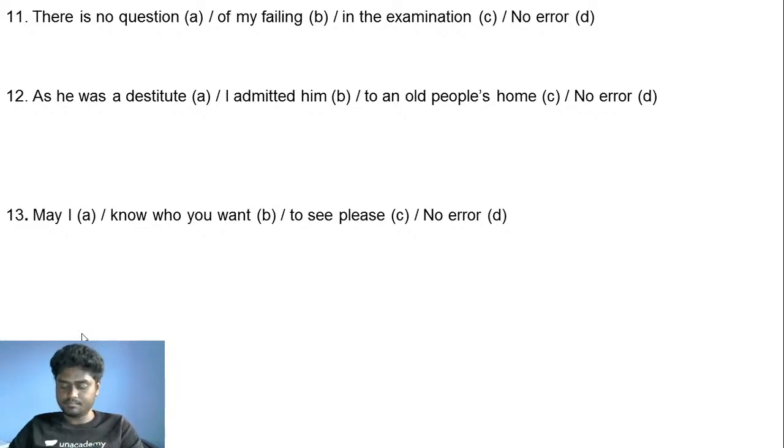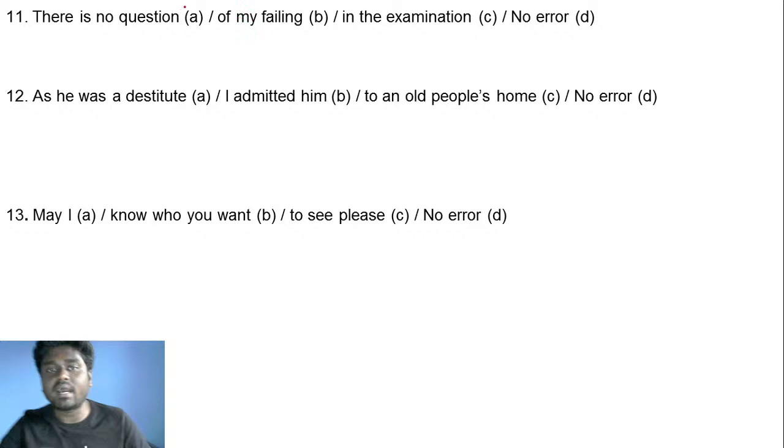So it should be what actually? There is no question of my failing in the examination. Charu is saying you should replace my with me.